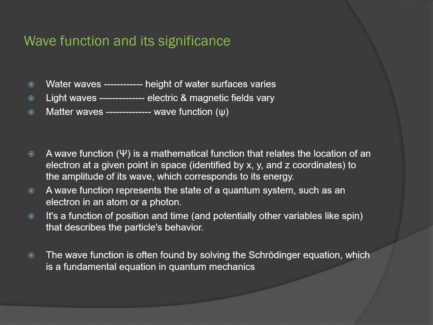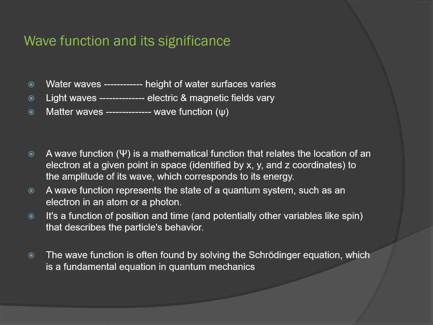Indirectly, it can also represent the state of a quantum system, such as an electron or photon. It can also be related to other variables like the spin of the electron, and it can describe the particle's behavior.